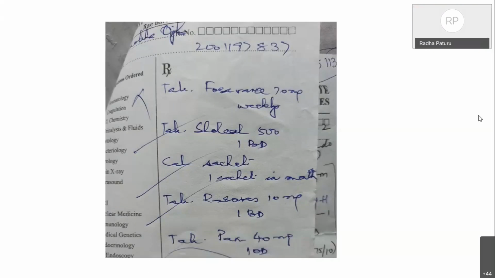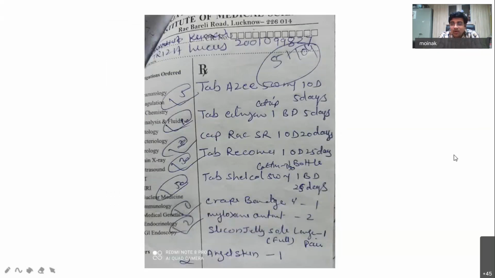Yes, exactly. And another thing is that they have not given how long to give. Tablet Felcal 500, one BD, how long we don't know. How much would you rate this prescription as? One, sir. You're a strict examiner. Okay. What about the next one? Dr. Rajat.